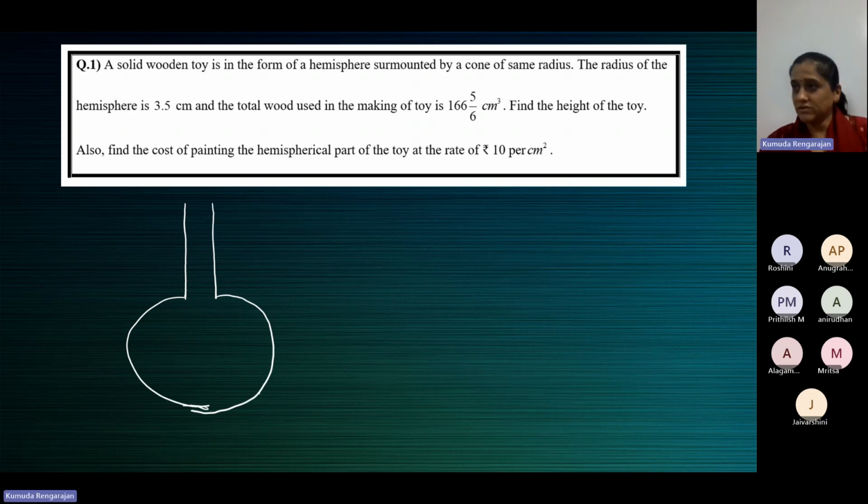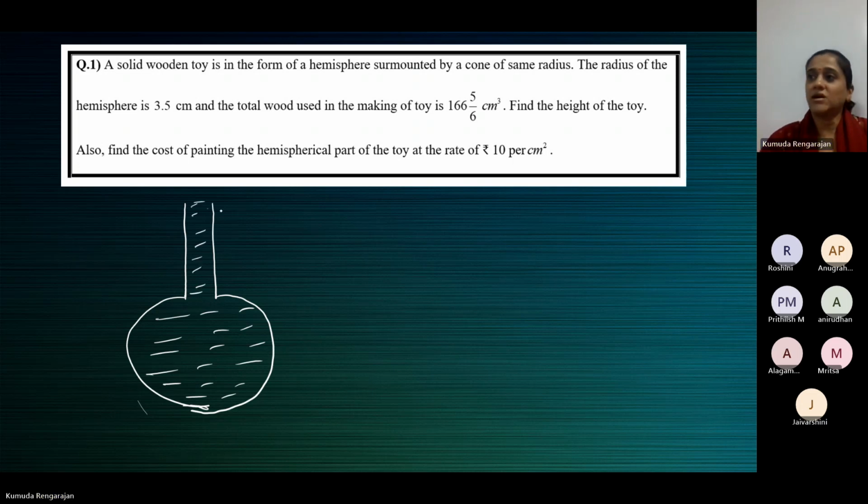A round bottomed flask. This one is mostly spherical with a cylindrical neck. So supposing this one is completely filled with whatever the solution, completely filled with some safe solution. That's why it's filled till here.